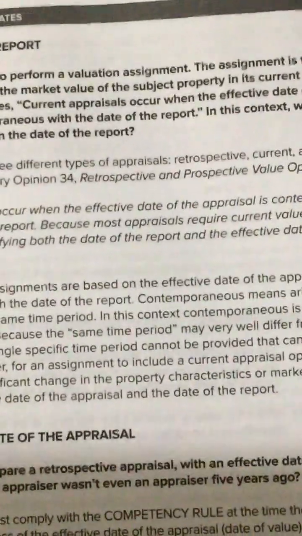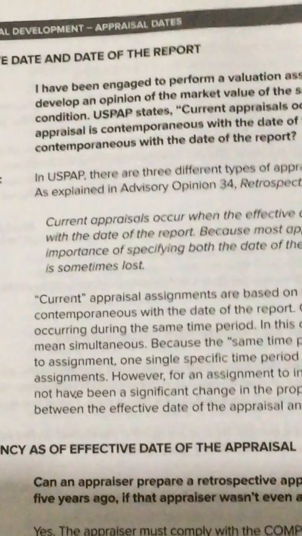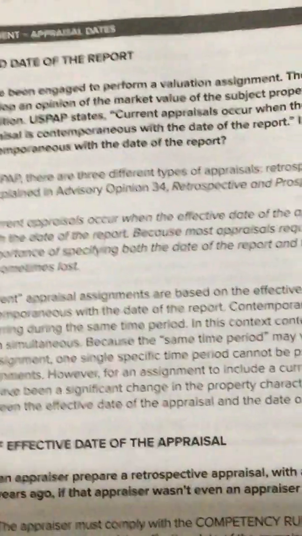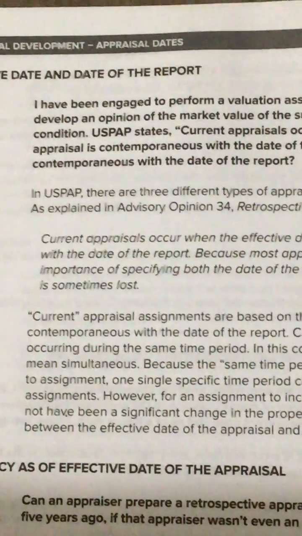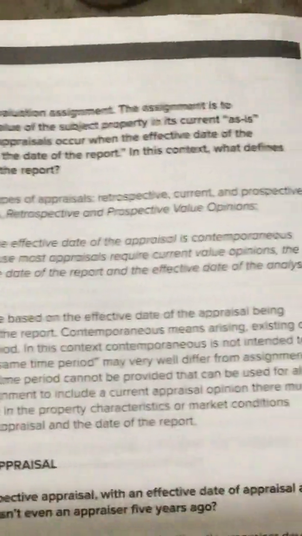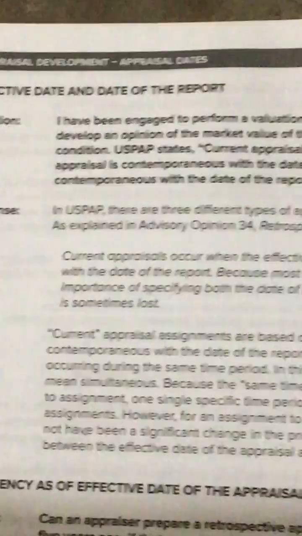USPAP states current appraisals occur when the effective date of the appraisal is contemporaneous with the date of the report. In this context, what defines contemporaneous with the date of the report?